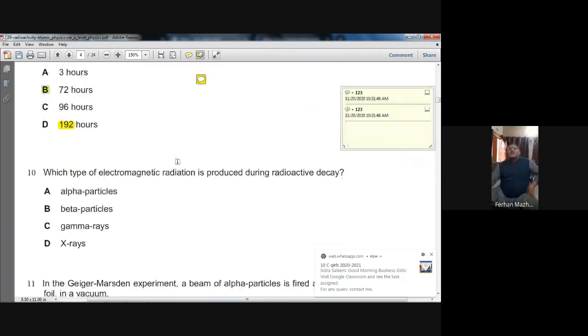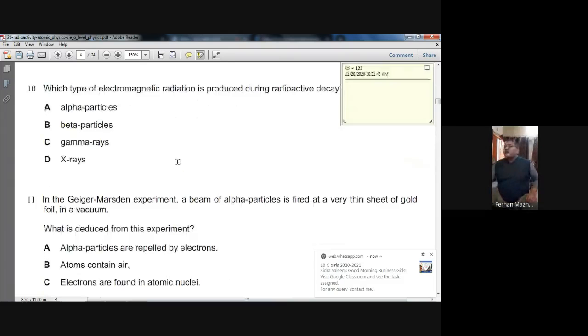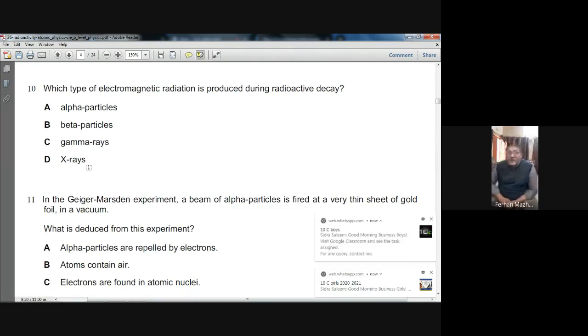So the next question is, which type of electromagnetic radiation is produced during radioactive decay? Alpha particles, beta particles, gamma rays, X-rays.